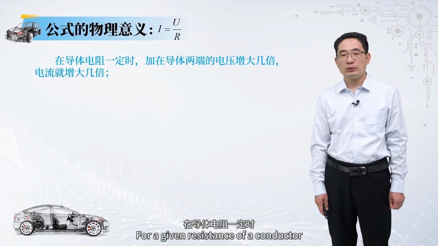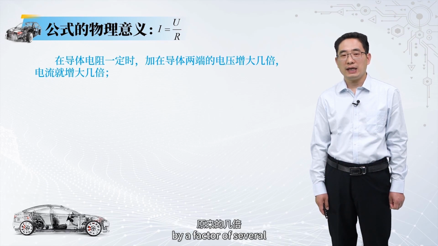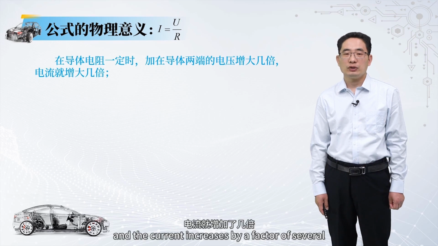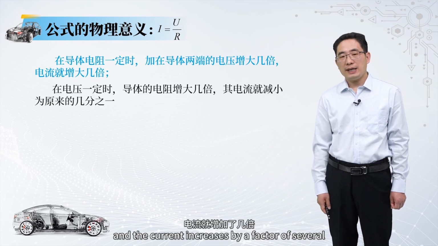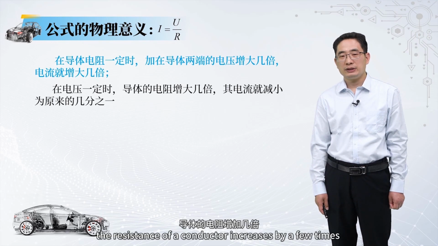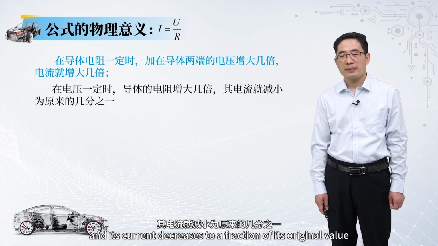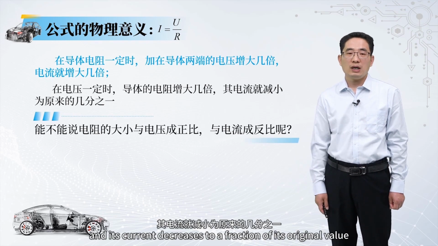For a given resistance of a conductor, if the voltage applied across the conductor increases by a factor of several, the current increases by a factor of several. At a certain voltage, if the resistance of a conductor increases by a few times, its current decreases to a fraction of its original value.